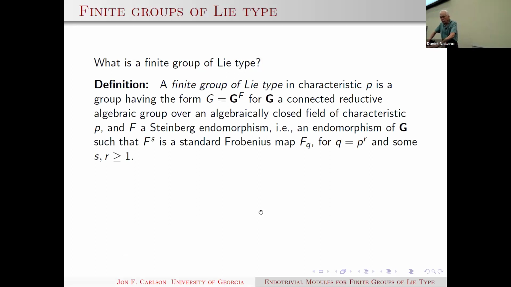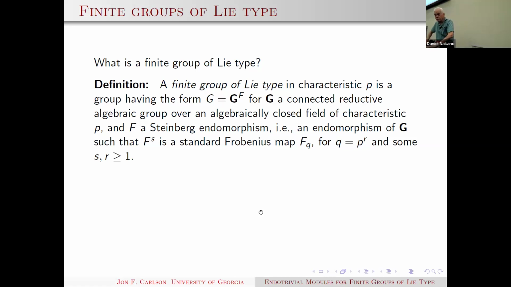Take a connected reductive algebraic group G over an algebraically closed field of characteristic p, and F a Steinberg endomorphism, that is, an endomorphism of G which basically becomes Frobenius after a few compositions. You look at the fixed points under that Steinberg endomorphism. That's what a group of Lie type is.